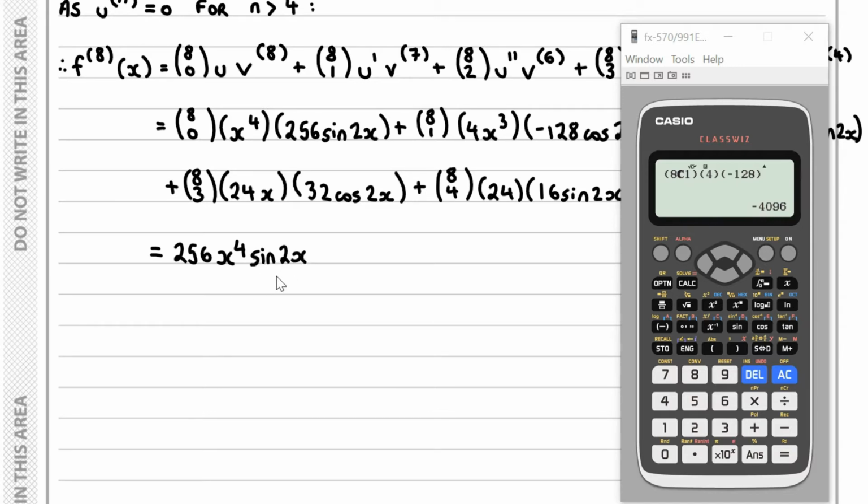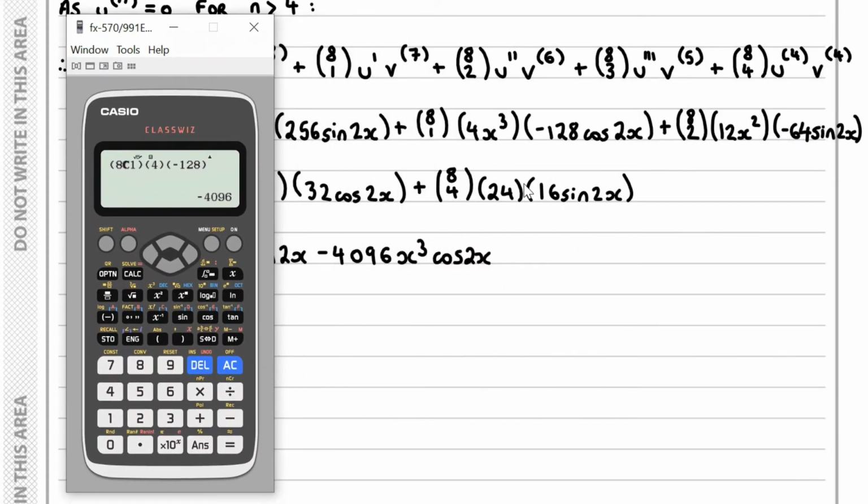and then we've got minus 4096 times x cubed times cos 2x. So now we have this one over here, so we've got 8 choose 2 times 12x squared times minus 64 sine 2x.